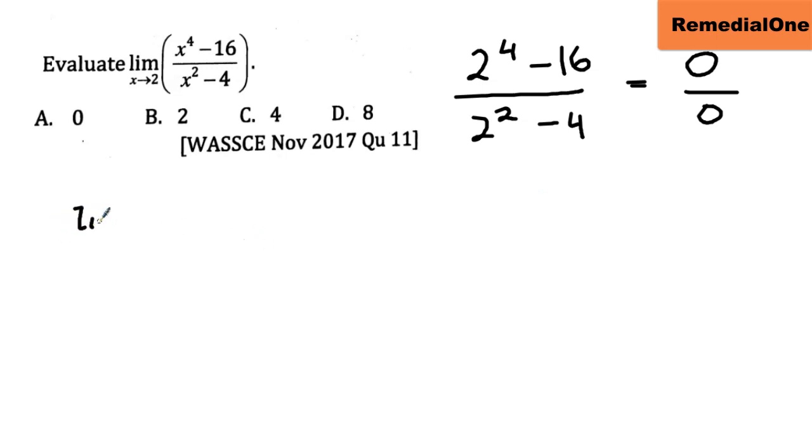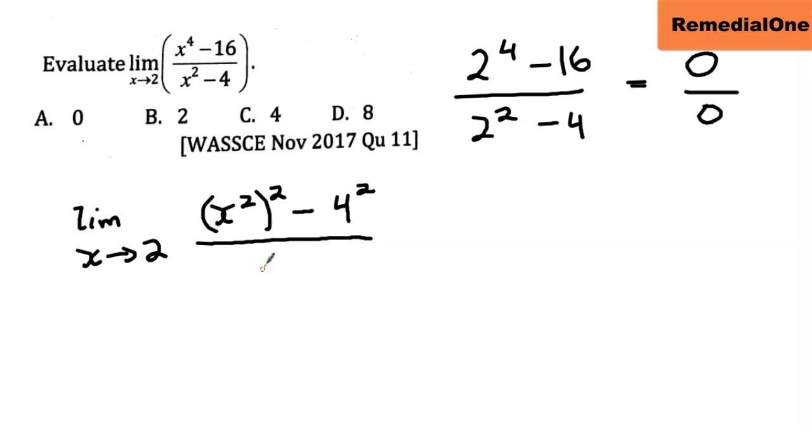So the limit as x approaches 2, we are going to expand this one, x squared and squared. This is giving me a clue. Normally the denominator, we will try to see if we can get away with the denominator. And here 4 squared is the same as that. And then here we have this minus 4.